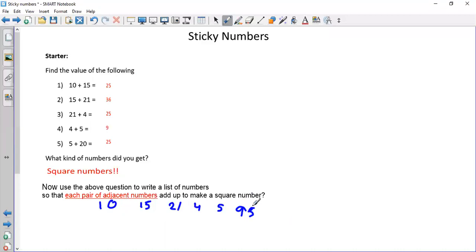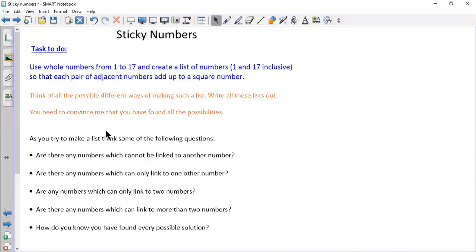Now, what I would like you to do today, this is your task. So the task is use whole numbers from 1 to 17 and create a list of numbers 1 and 17 inclusive so that each pair of adjacent numbers add up to a square number.